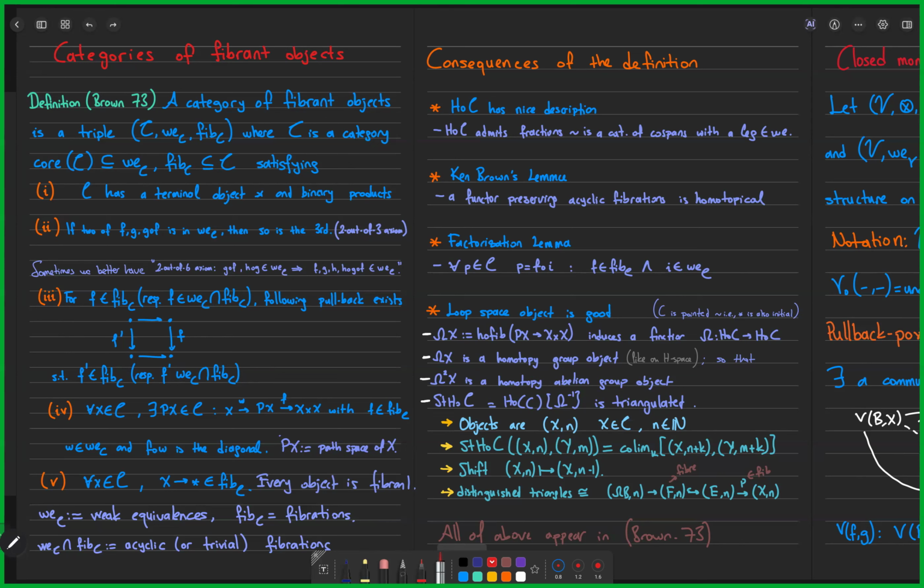So what is a category of fibrant objects? Normally when you do homotopy theory, the original setting was model categories, but they are quite rare. They are not that abundant. Fibration categories, on the other hand, are more relaxed versions and they are quite abundant.